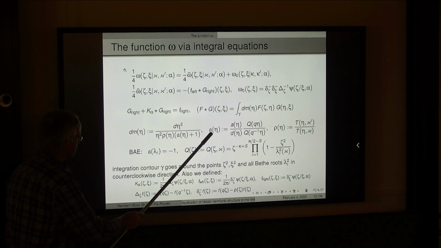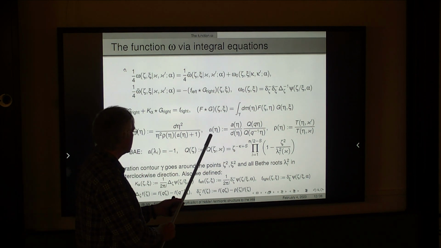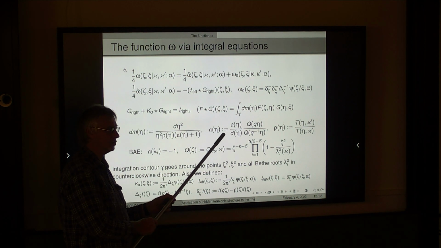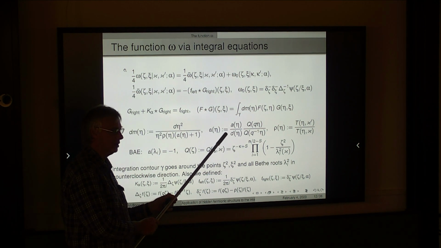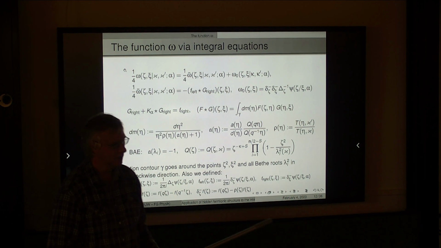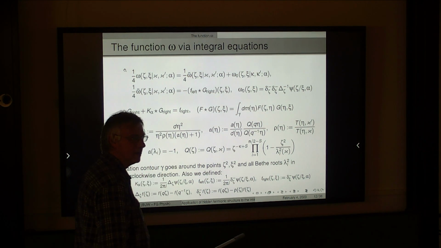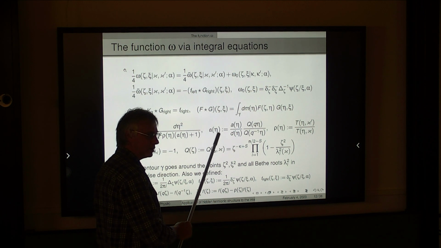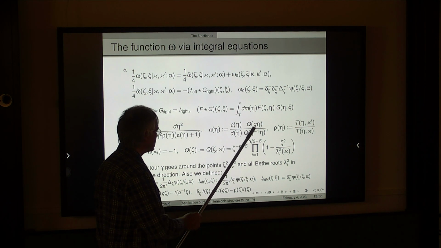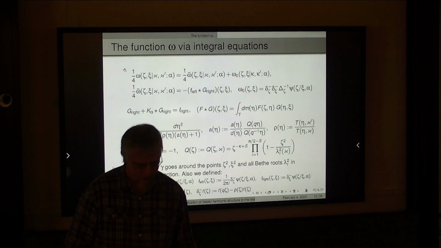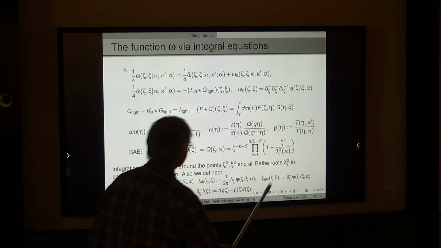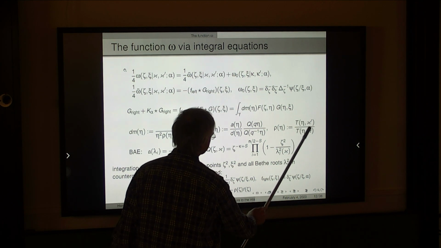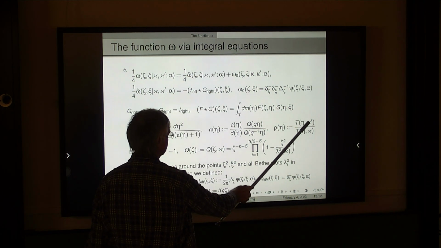A is auxiliary function. I don't know who was the first one who introduced it. Andreas, maybe you. Andreas introduced the integral equation, but Baxter used this already and called it P. Already this auxiliary function. Yes. So this is proportional to the ratio of two functions. Yes, rho, as I said, is simple. It's just ratio of eigenvectors of transfer matrices at kappa prime and kappa.